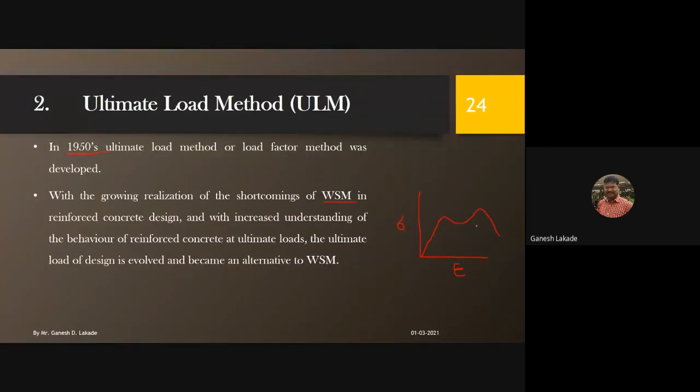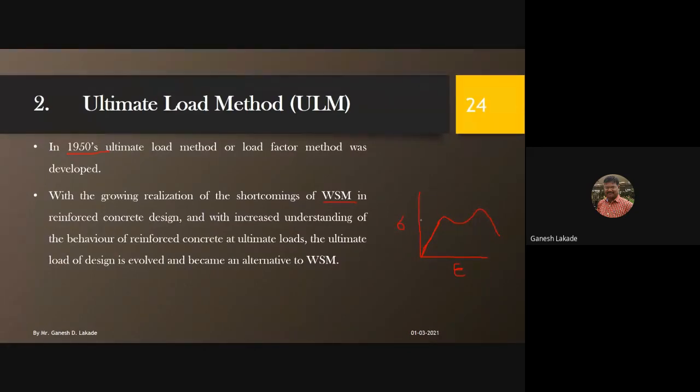If you plot that graph, it means that as you increase the load, up to some point the elongation of steel takes place at the same rate. So this relationship is linear, stress is directly proportional to strain, but up to what limit? Up to the elastic limit only.